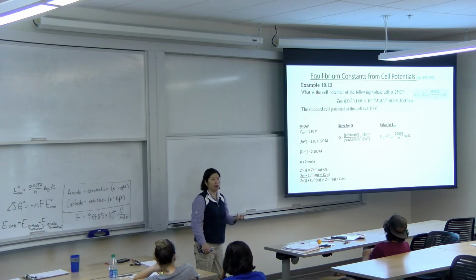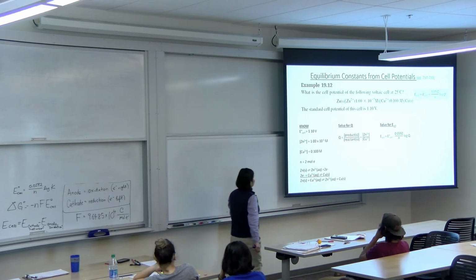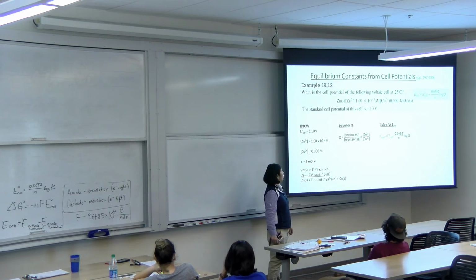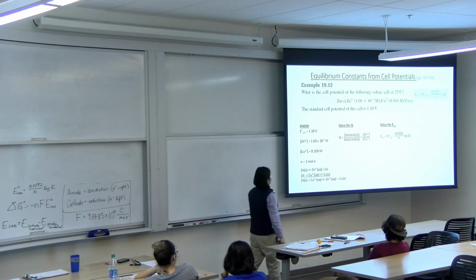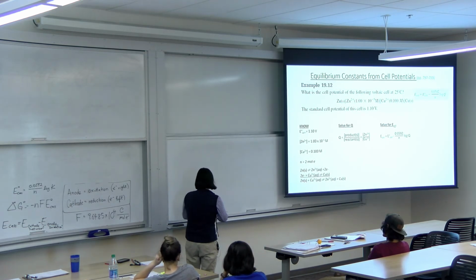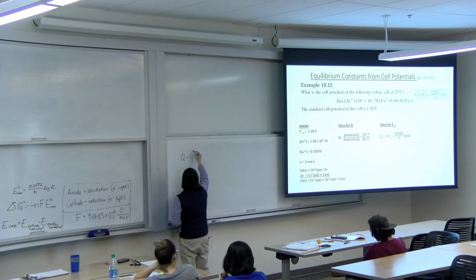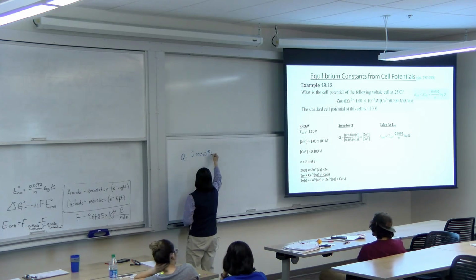I can quickly eyeball that, right? So I don't need to write it out. But if you did need to, I wrote it out here just to double check. And therefore, you're going to solve for Q first. So Q is equal to products over reactants. So Q is equal to the zinc concentration, which is 1 times 10 to the minus 5.